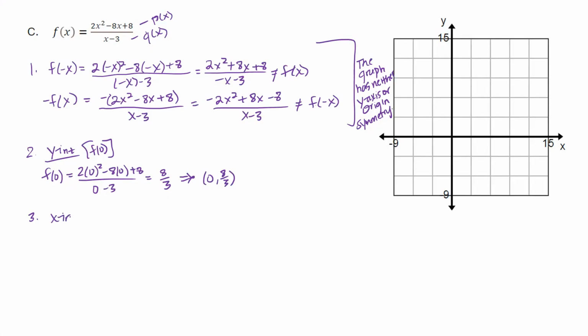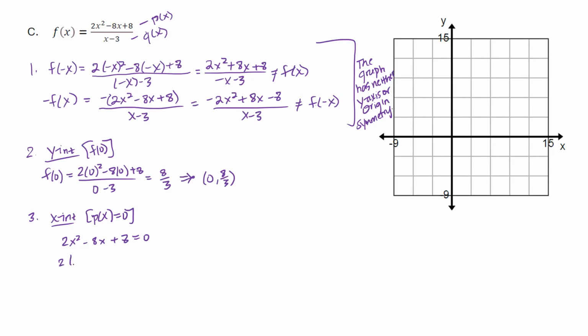Our x-intercept is p of x equals 0. So that's 2x squared minus 8x plus 8 equals 0.